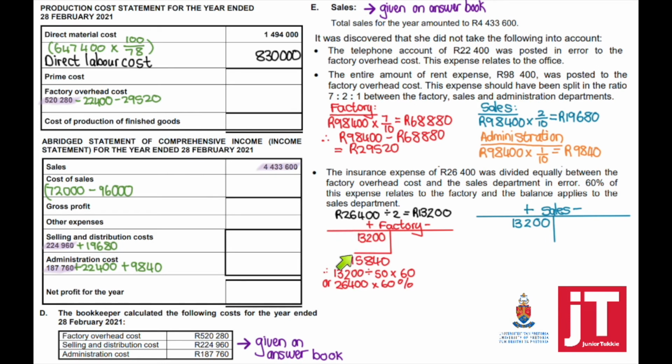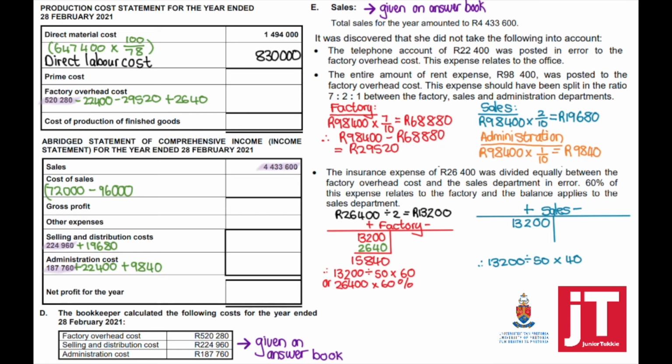So this account is actually understated. The difference of 2,640 must be added to the factory overhead cost. So in my production cost statement, we're going to say plus 2,640.